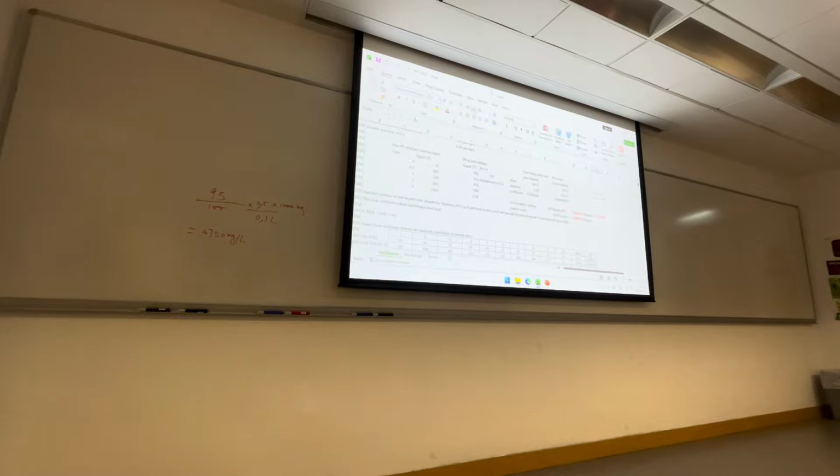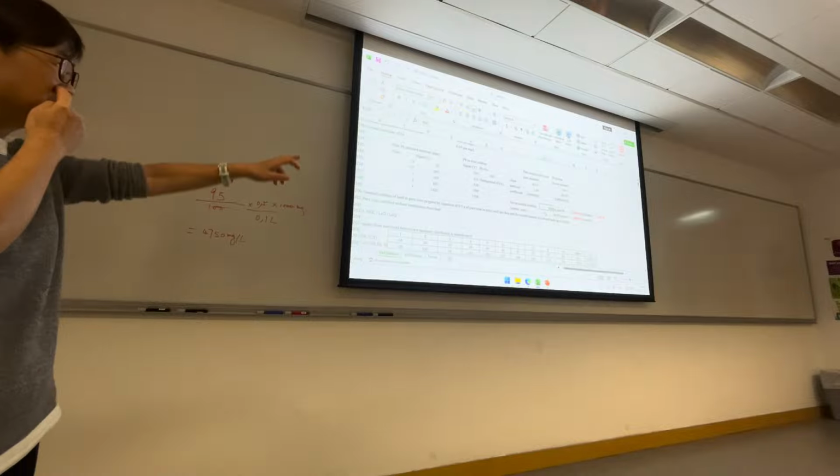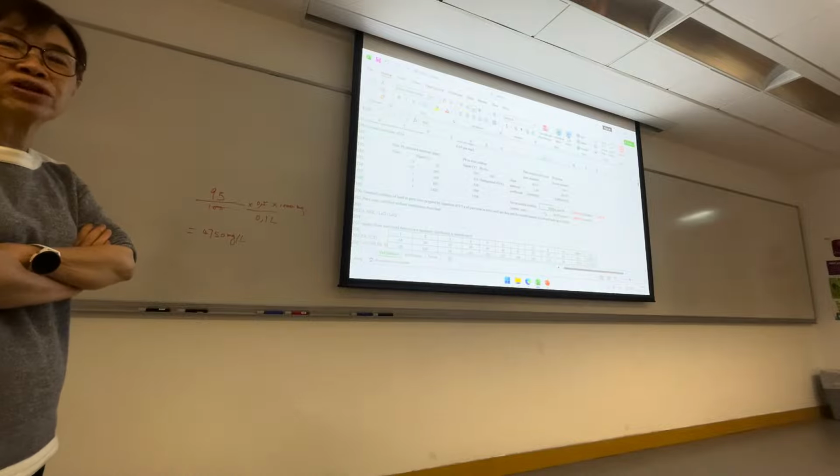Now, given a sample solution, iron solution, this sample solution contains 95% of iron. The signal is 850.